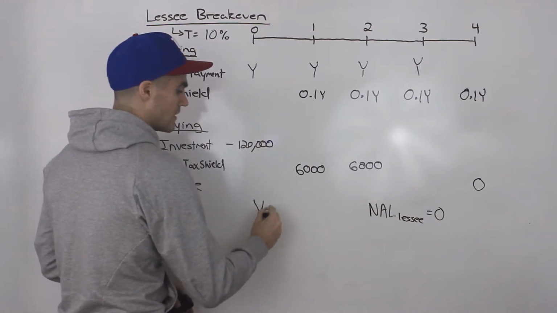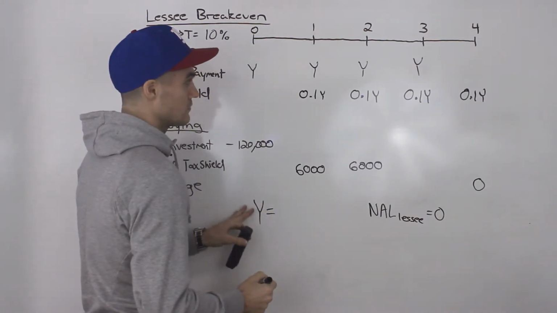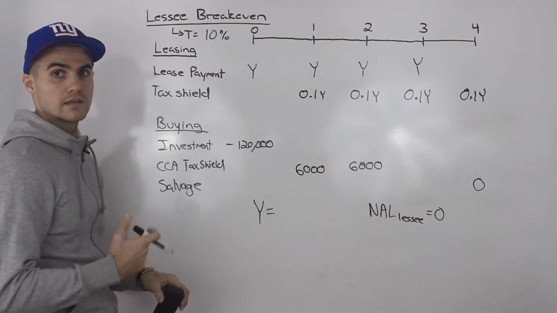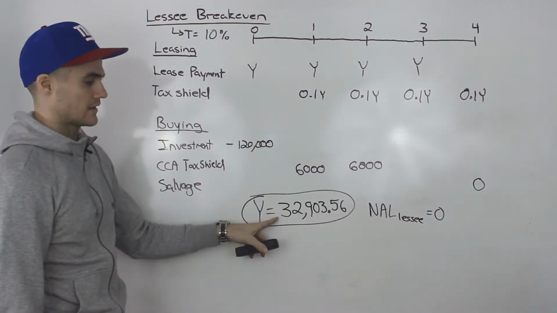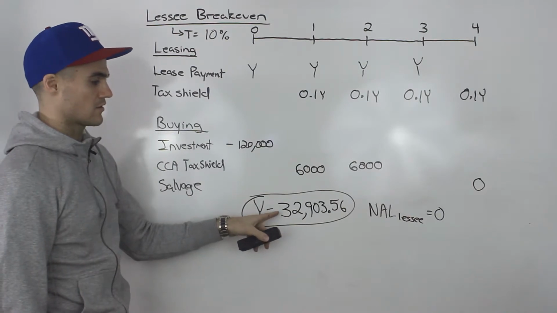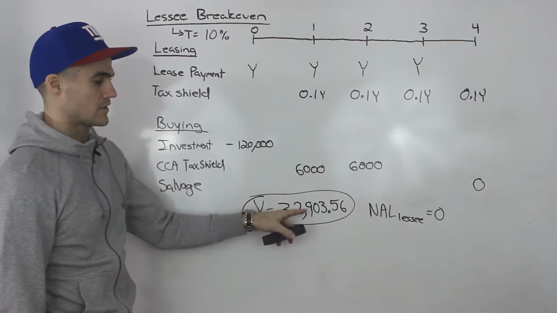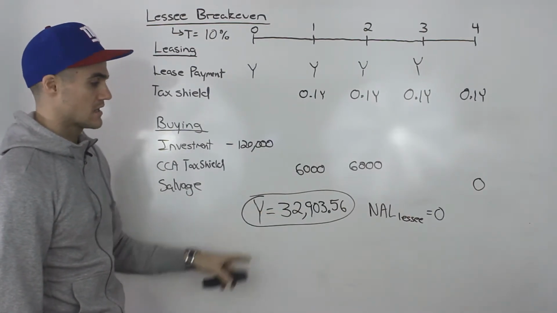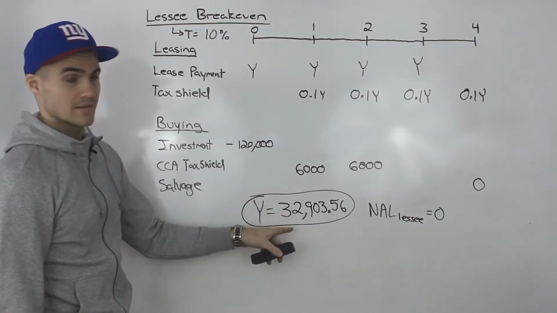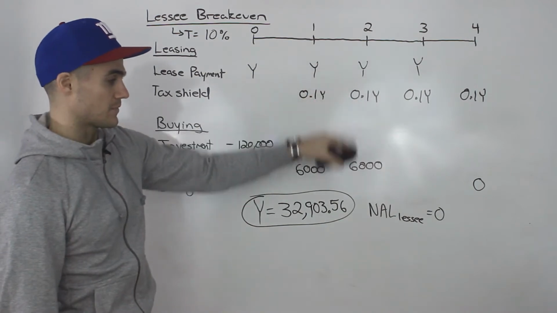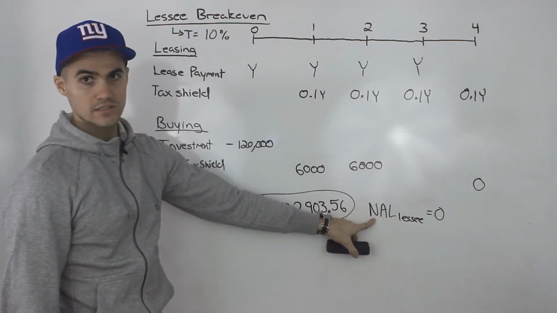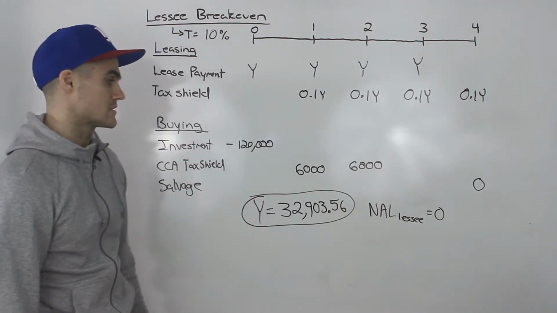So we're basically finding that break-even payment for the lessee. And when you do that trial and error process, you end up getting this break-even lease payment here, $32,903.56. When you input that in the Excel file on the side, you'll see all of this fill up, and you'll see that net advantage to leasing at the bottom equaling 0.